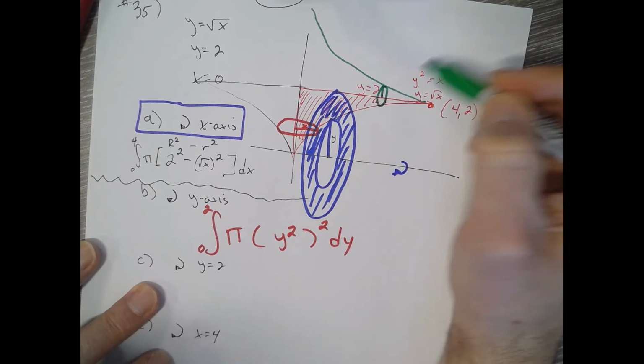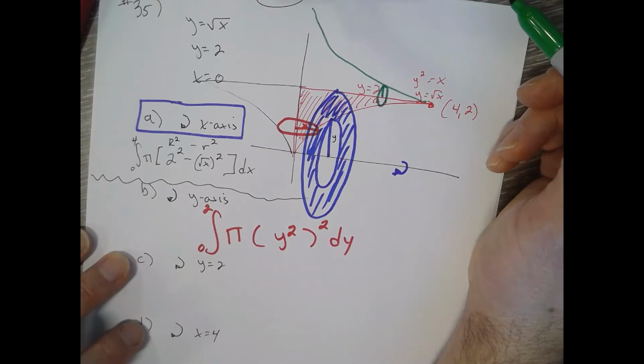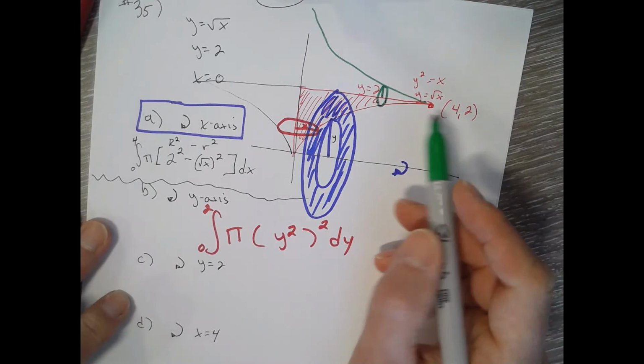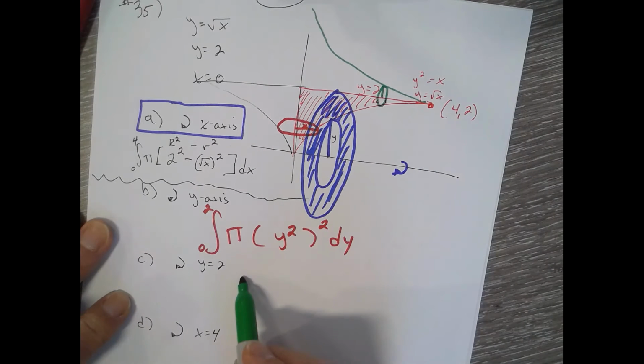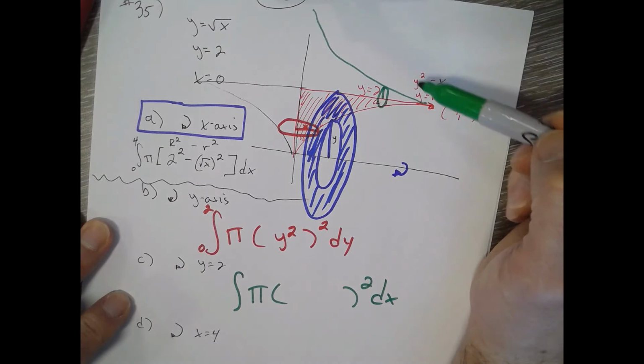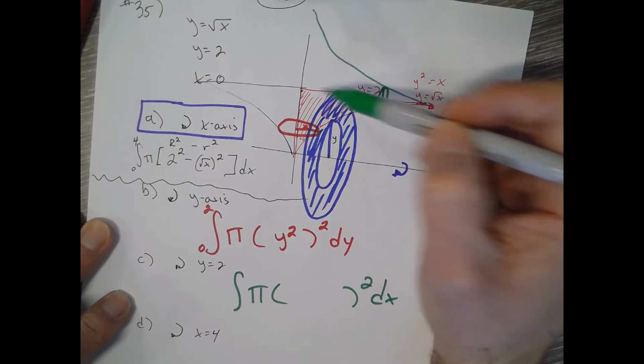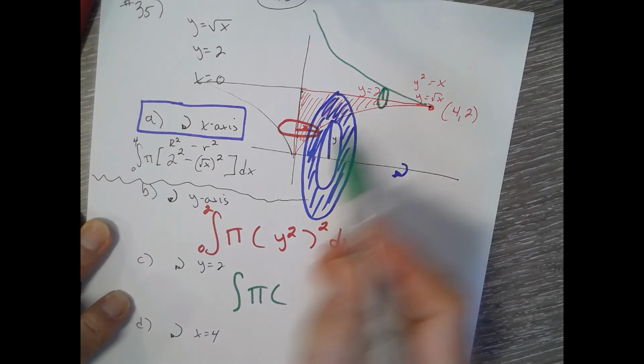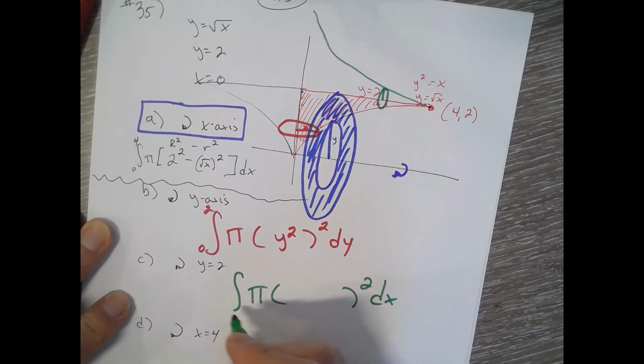There's my little disc. Since it's horizontal and since it's disc, we're going to integrate pi r squared dx. So dx means we're going from here to here, because on the x-axis we're going from here to here, so 0 to 4.